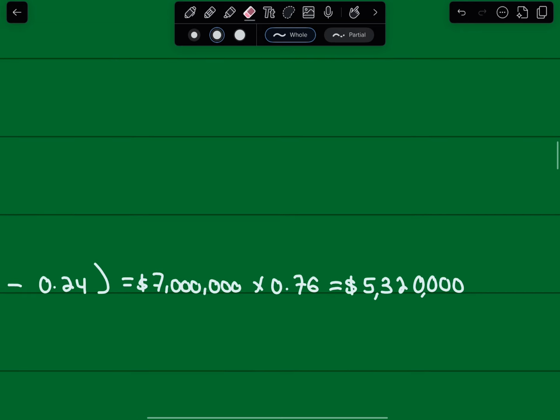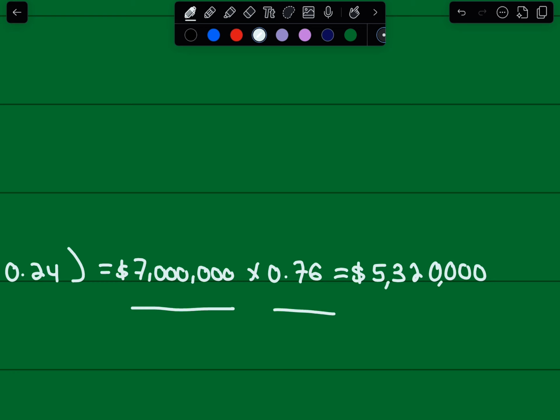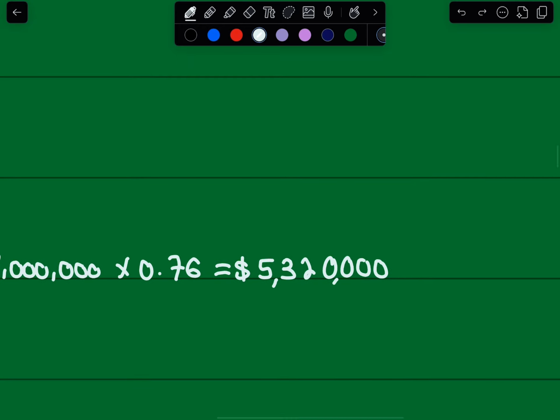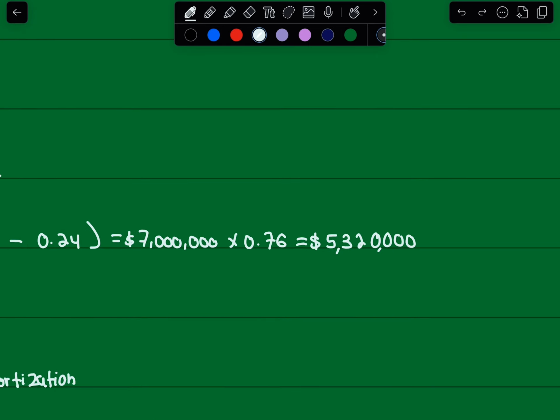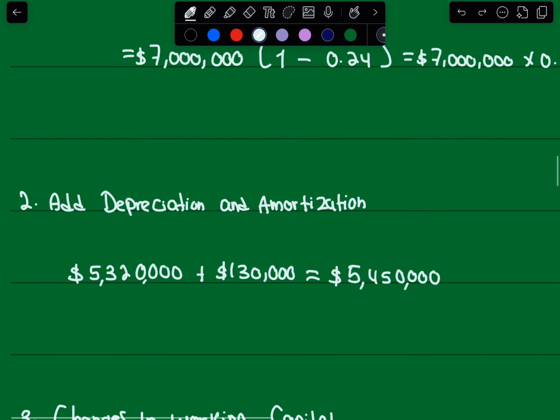This equals 7 million times 0.76, which gives us a total of $5,320,000.